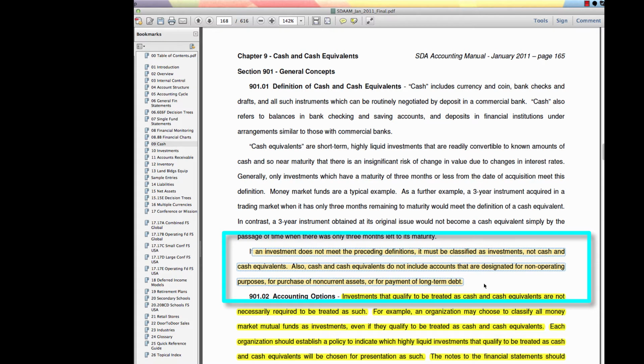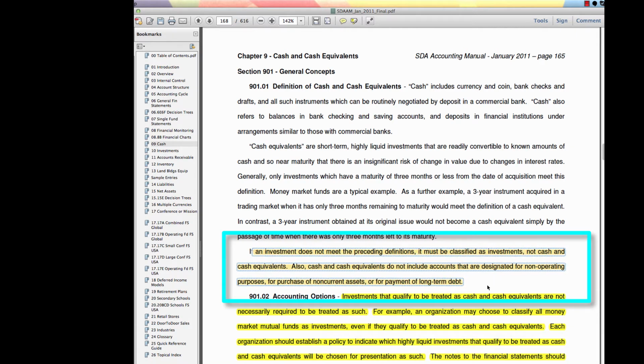Okay, and to be precise, if it's set aside for a non-current asset, then it would be a non-current investment. So not only is it not a current cash equivalent, it is not a current assets investment, it is a non-current investment.